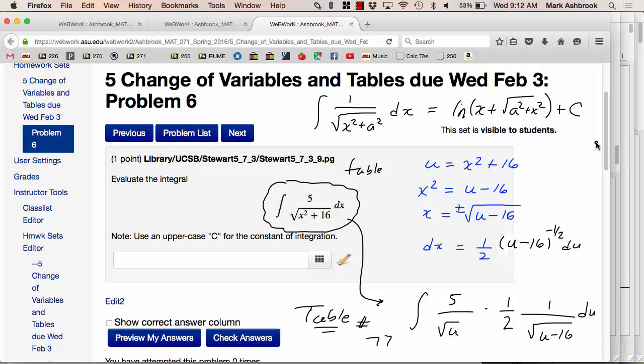So if we put in 5 times natural log, and let's just do absolute value just to be sure, x plus the square root of, what's our a squared? 16 plus x squared.